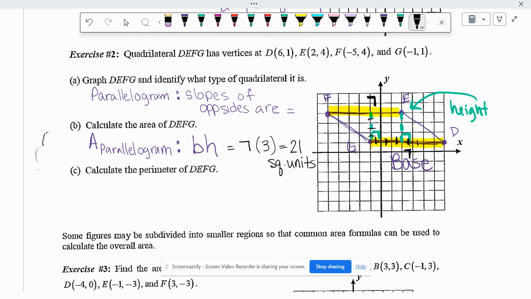But I have to figure out these sides. So you get a choice. You get to do it one of two ways. You can either use the distance formula, or you could turn it into a right triangle and use the Pythagorean theorem. Which method do you like better?